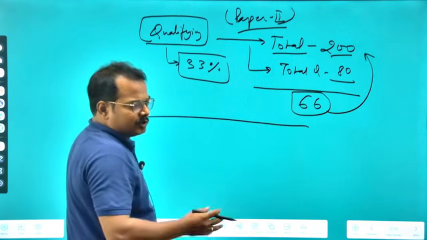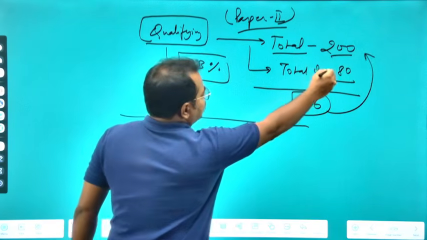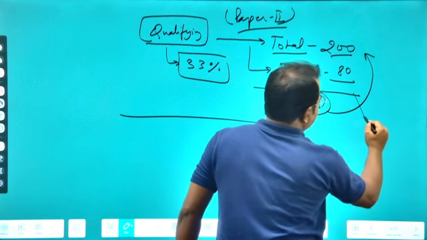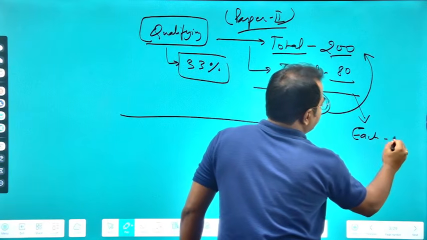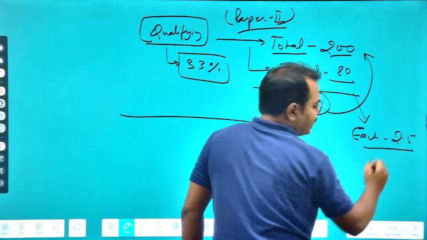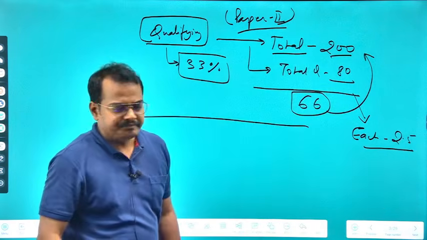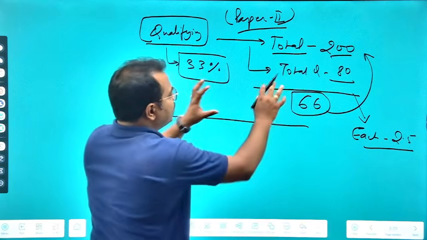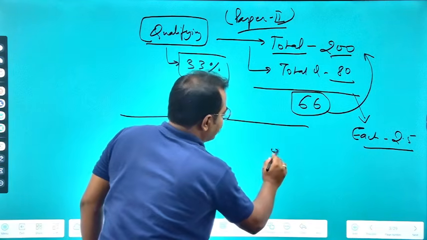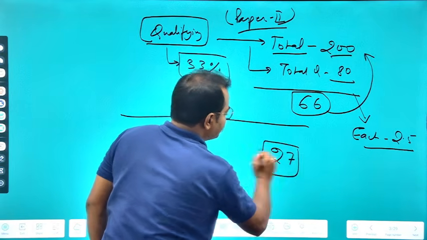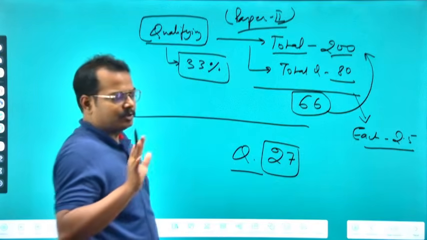Each question carries 2.5 marks. That means in order to achieve 66 marks, you have to solve only around 27 questions.